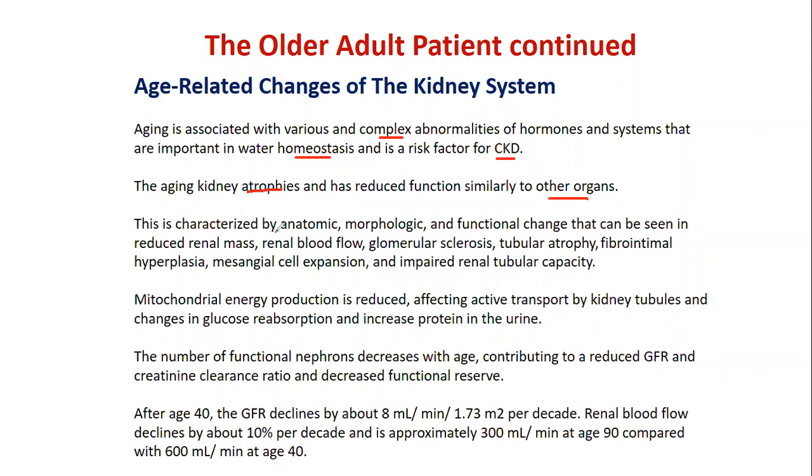And this is characterized by anatomic, morphologic, and functional changes that can be seen in reduced renal mass, renal blood flow, glomerular sclerosis, tubular atrophy, interstitial fibrosis, and mesangial cell expansion, impaired renal tubular capacities.